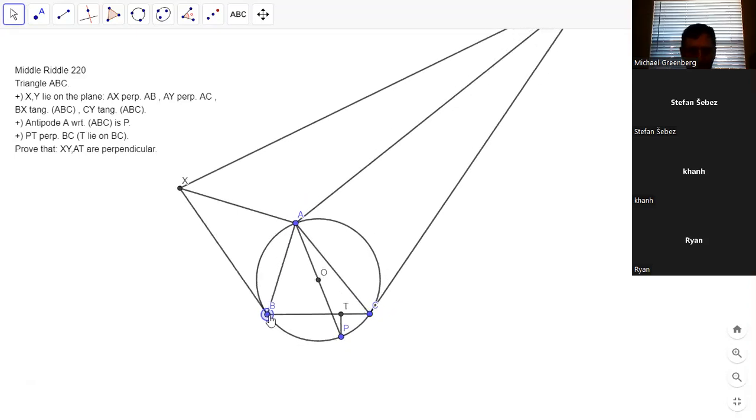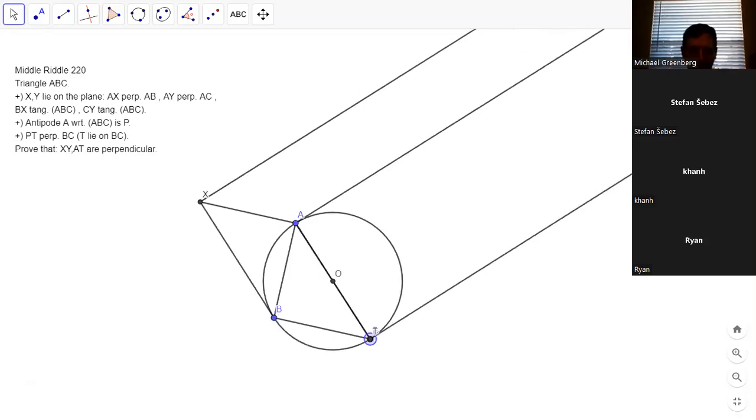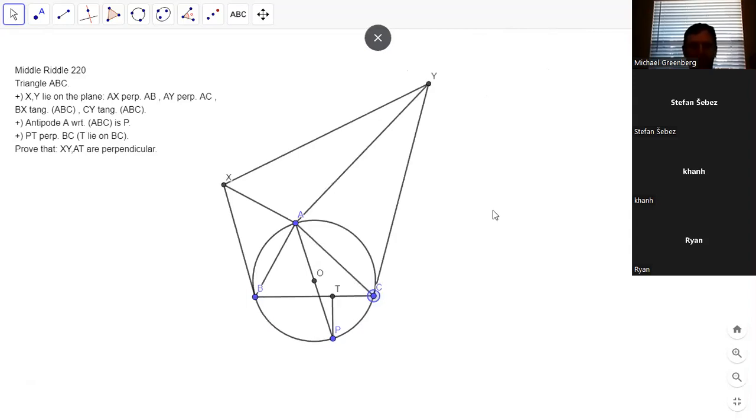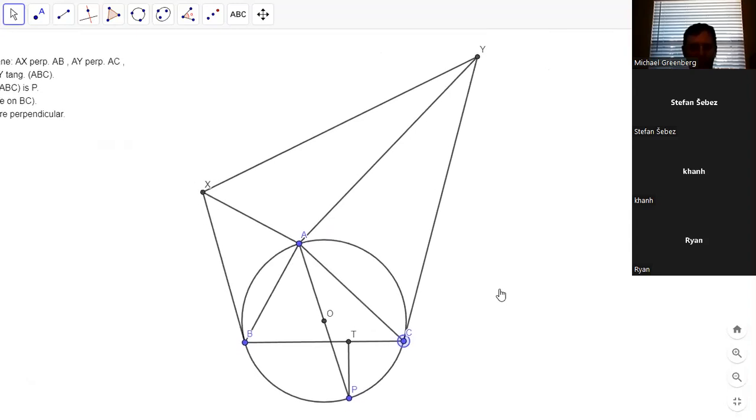Sorry, I was trying to make the diagram better, but maybe like that. I think that looks good.